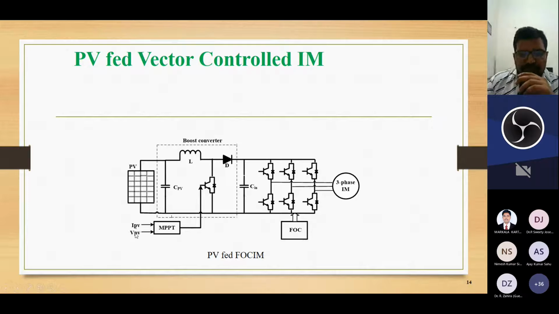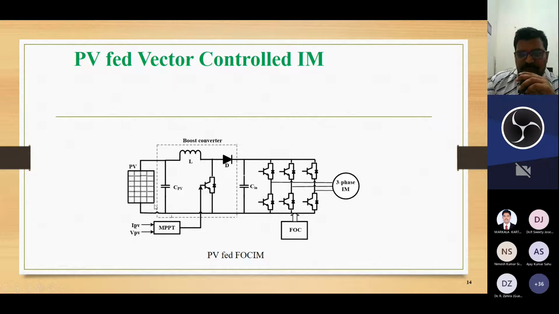According to these values, the MPPT algorithm keeps tracking at what values of VPV and IPV we get the maximum power. That value is given in terms of a duty cycle to the boost converter switch, so the converter will switch on and off such that it gives the maximum power.